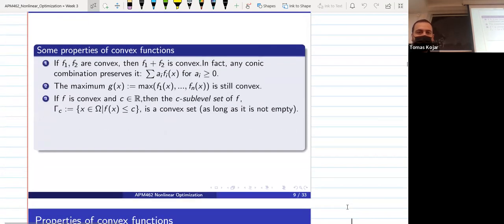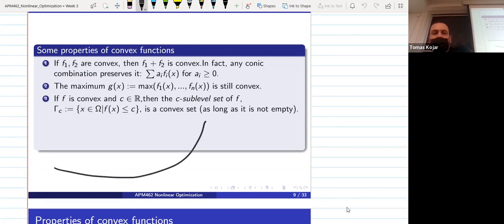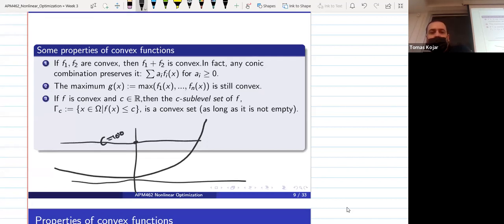Yeah, so consider what is called the sub-level set. Let me draw a picture. Here's the exponential. Take C to be 1 or 100. Then this is e to the x. Then the sub-level set. Oh yeah, I can ask you that. Can you tell me what it is?